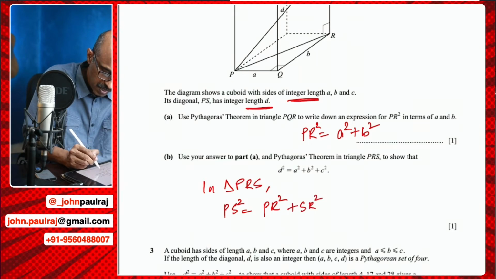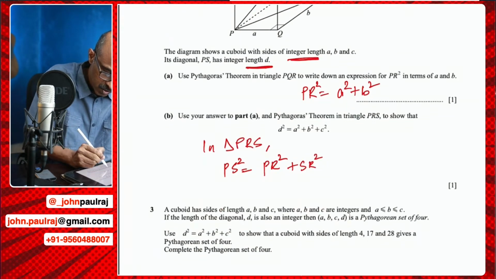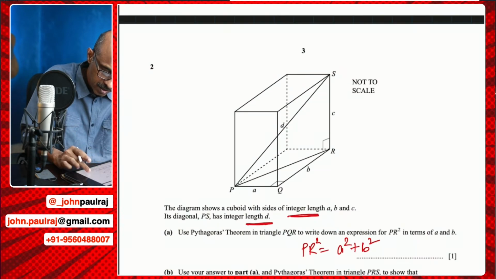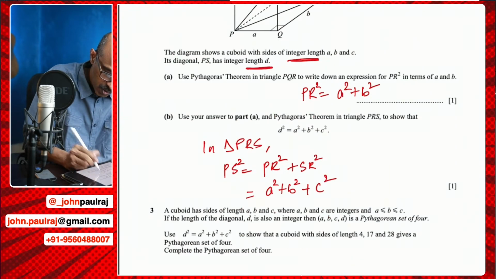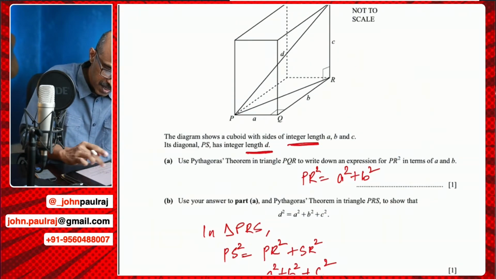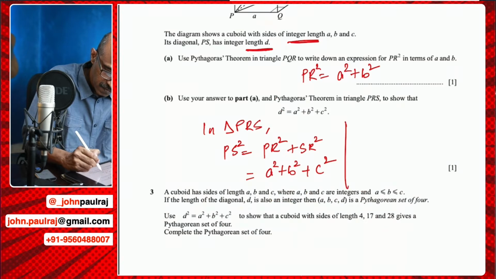SR is C. So PR square is A square plus B square, and SR square is C square. And PS is labeled as D, so we can say, therefore, D square is equal to A square plus B square plus C square.